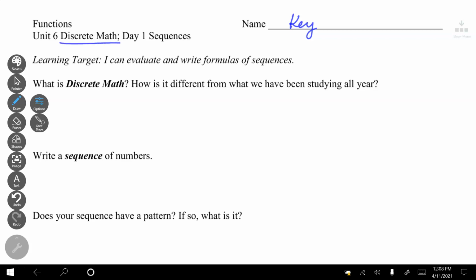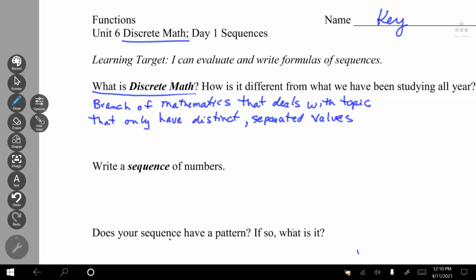So what is discrete math? Discrete math is a branch of mathematics that deals with topics that only have distinct separated values.